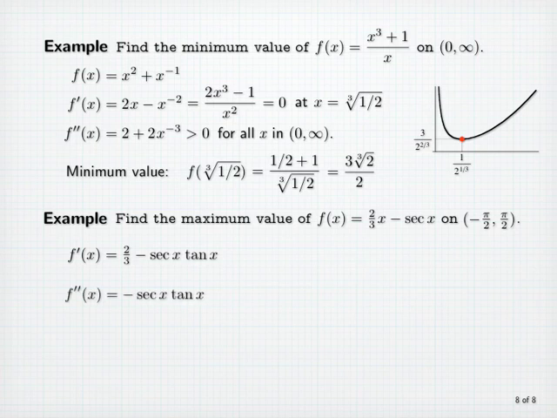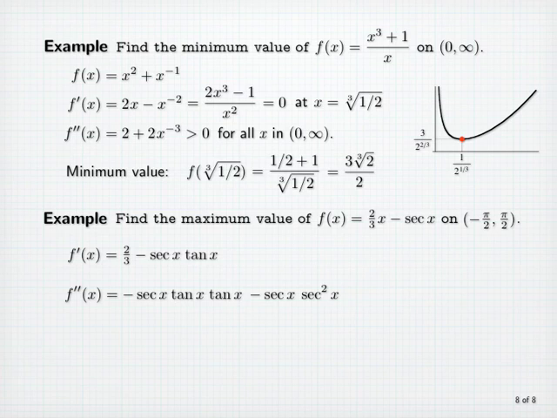Now let's take the second derivative. Using the product rule, we first take the derivative of minus secant x, which is minus secant x tangent x, and multiply by the other factor, tangent x, and then add minus secant x times the derivative of tangent x, which we recall is secant squared x.